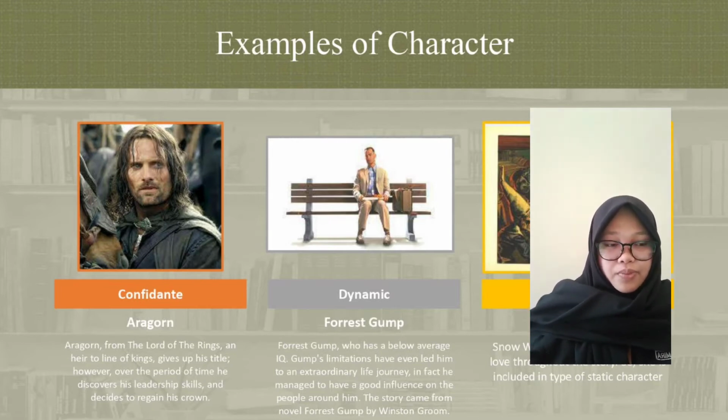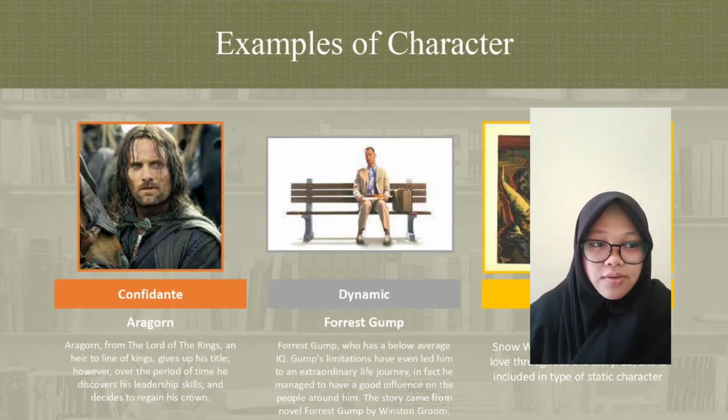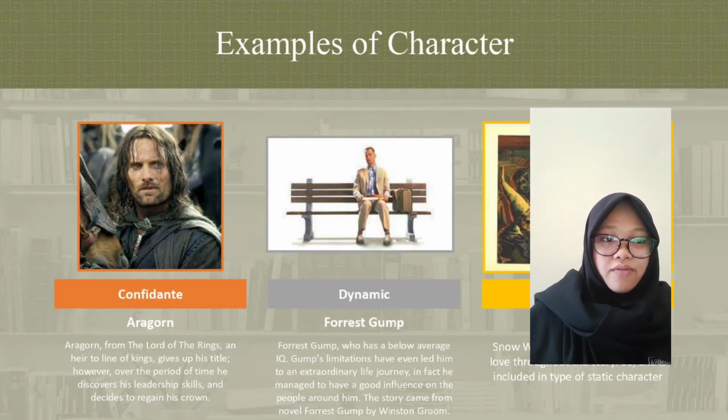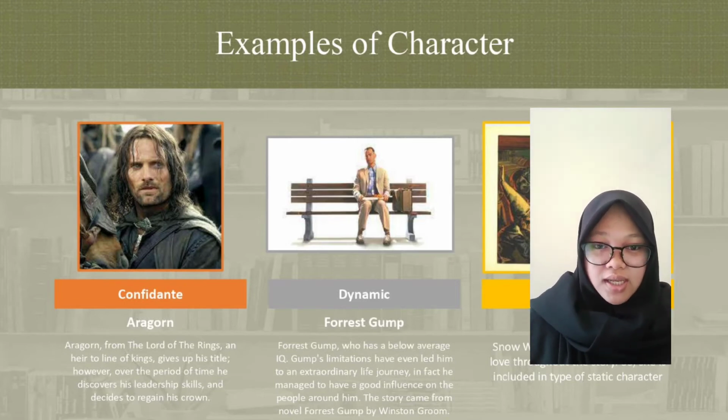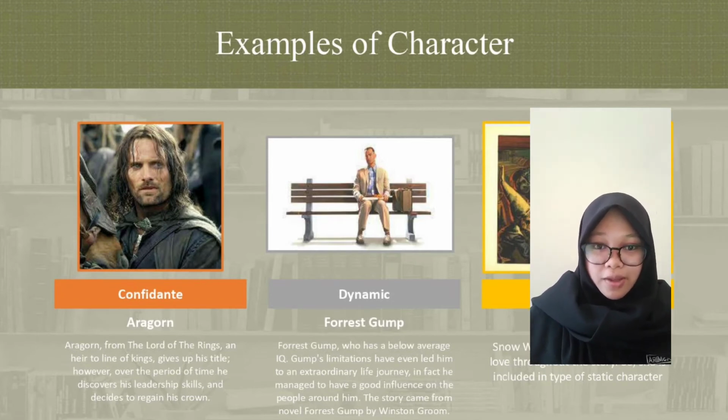Next is dynamic. An example of a dynamic character is Forrest Gump, who has a below average IQ. Gump's limitations have even led him to an extraordinary life journey. In fact, he managed to have a good influence on the people around him.